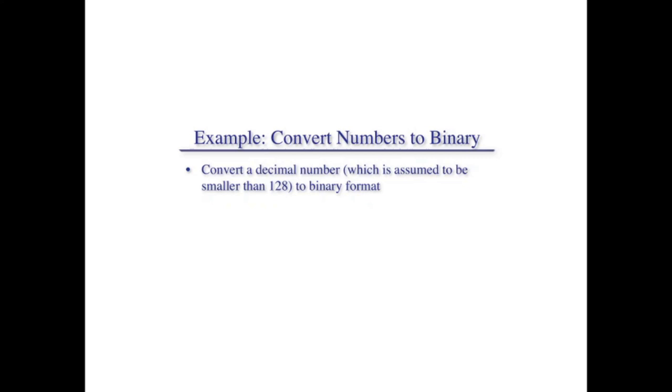If I want to convert a decimal number to a binary number, this can be done. What we should do is keep dividing the number by 2 and store the remainder. Then we repeat this process again and again, and we print the remainders in the reverse order. So this is what has to be done to find the binary value of a decimal number.